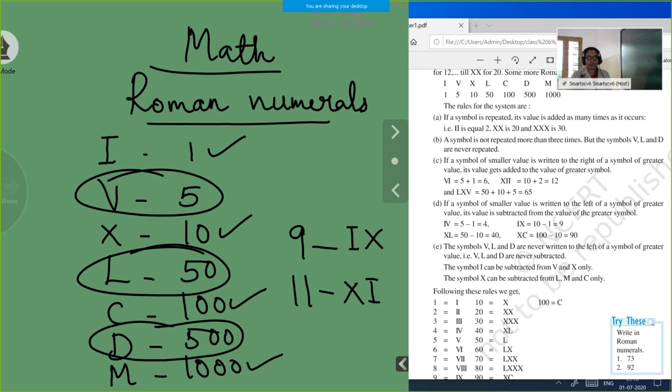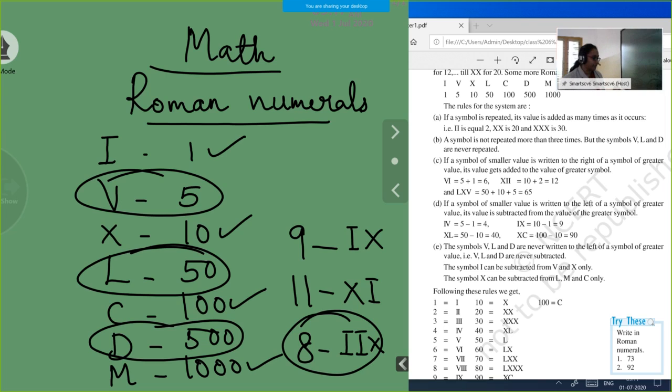Also, yesterday Cyan of 6B asked a doubt. He asked, why don't you write 8 as IIX? That is a good question. We cannot write 8 as IIX because we can subtract I only one time.